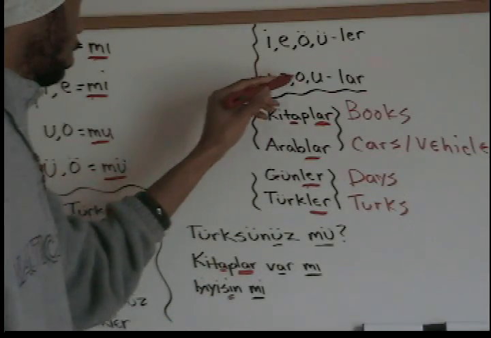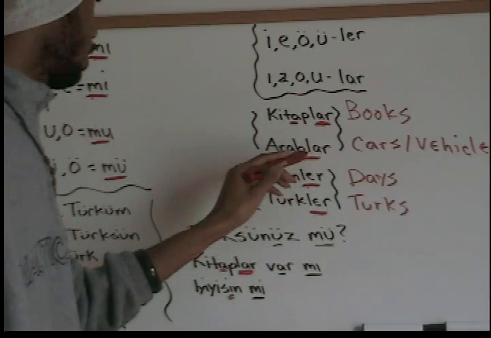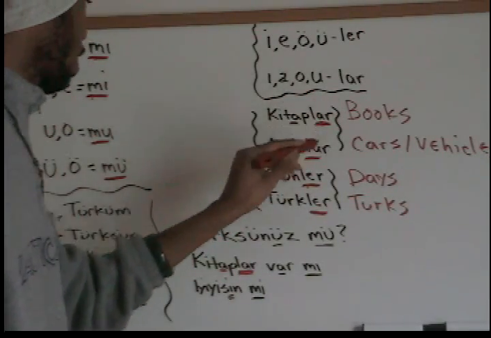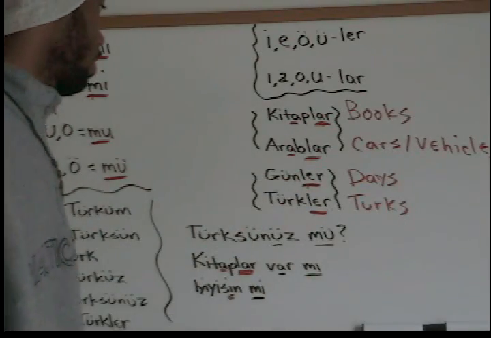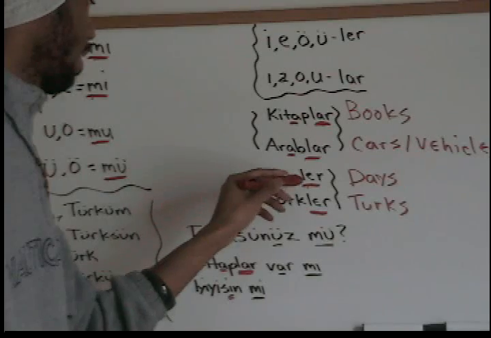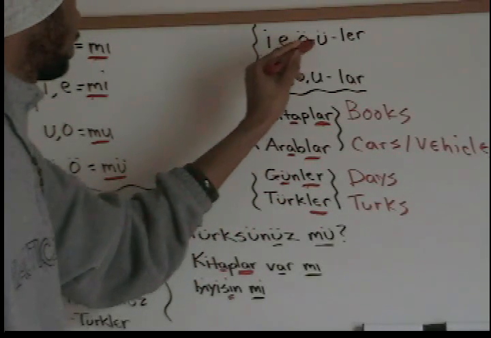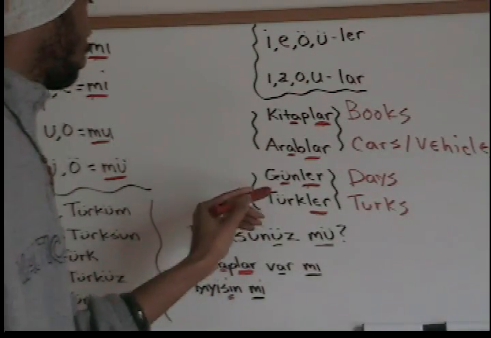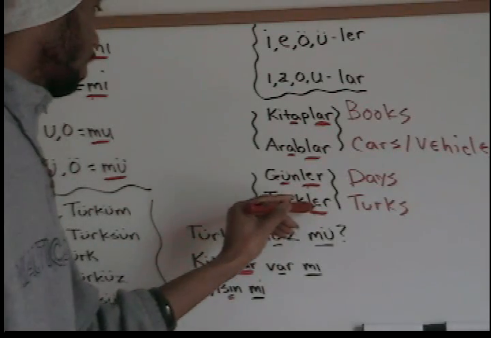Arabalar, the same. There's an A before the last letter, so it's going to take lar. Günler, now it's going to be ler. Why? It has a ü here. If you go back up to the list, ü takes ler.